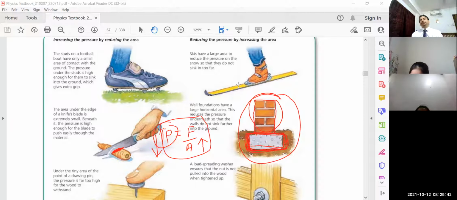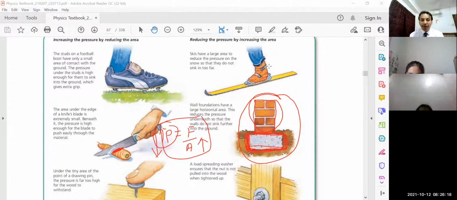Another example where we require very little pressure. Suppose I want to go ice skating, or I want to walk in the snow. By wearing ordinary shoes, it is not possible. It means if I put my feet on the snow, I will sink. But I have to wear a special kind of boot. What kind of boot, children? One having a large surface area.